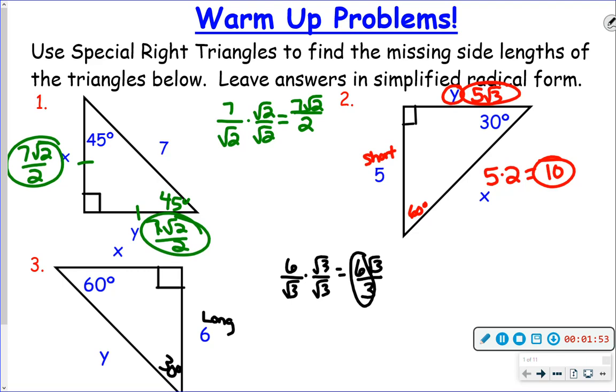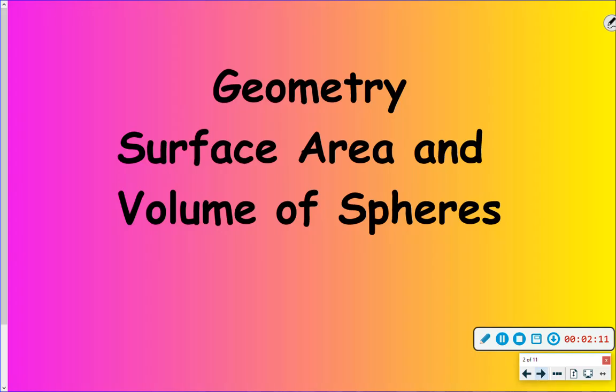I'm going to make that 2. So I'm just going to fill it in on my triangle here, 2 square roots of 3. So there's my short side. I'm just going to double that now to get the hypotenuse. So if I double 2 square roots of 3, we have 4 square roots of 3. There we go.